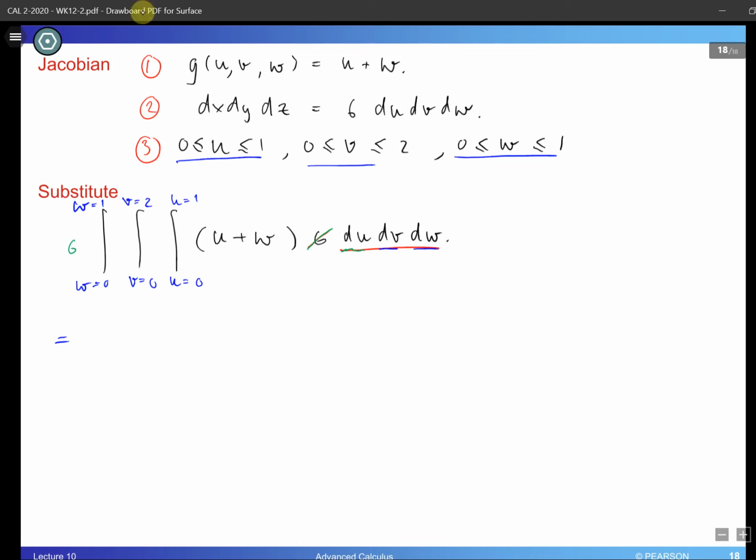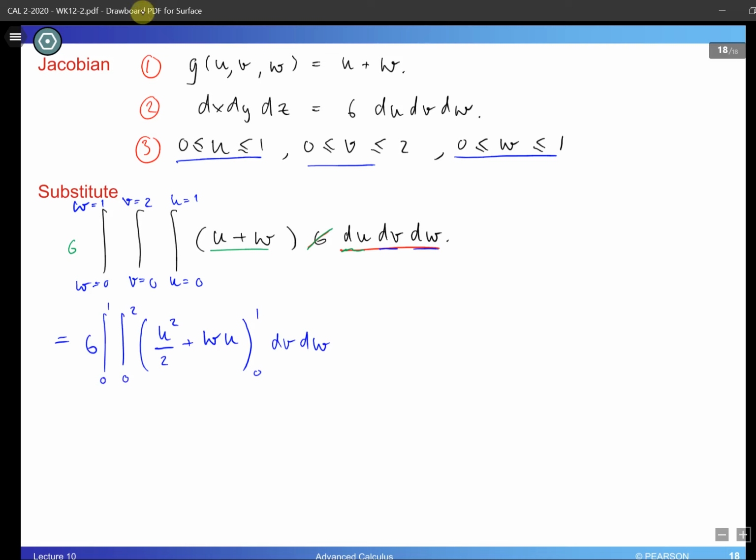I am going to integrate this with respect to u, so I get u squared over 2 plus wu, evaluated at two values of u, 0 and 1. I still have two integrals with respect to dv and dw, v from 0 to 2 and w from 0 to 1, and I still have 6.